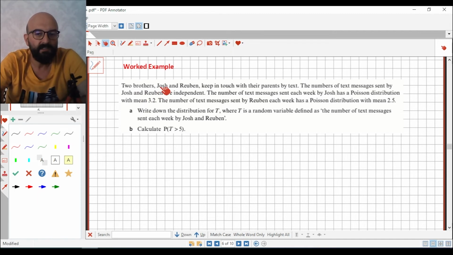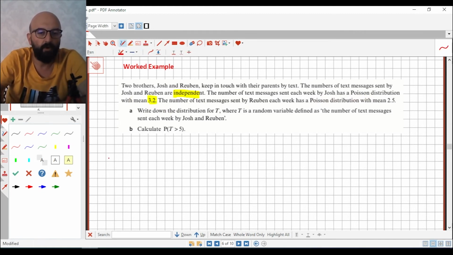Okay, and we have some examples about the Poisson distribution. Two brothers, Josh and Robin, are in touch with their parents by text. The numbers of text messages sent by Josh and Robin are independent. The number of text messages sent each week by Josh has a Poisson distribution with mean 3.2.